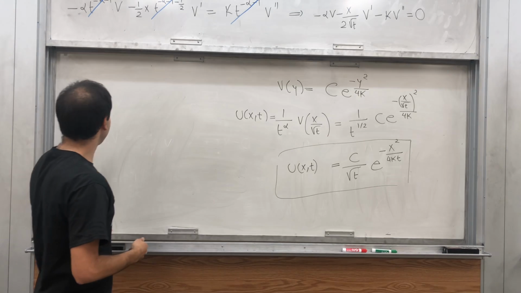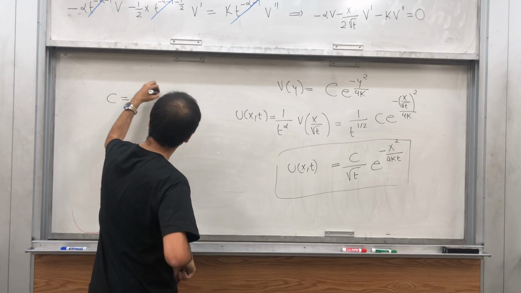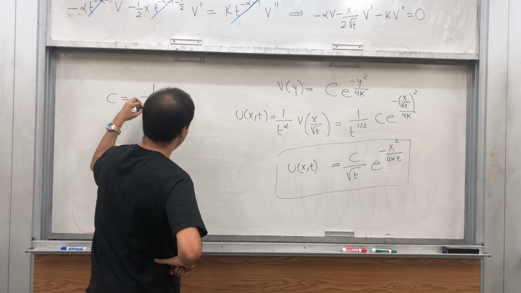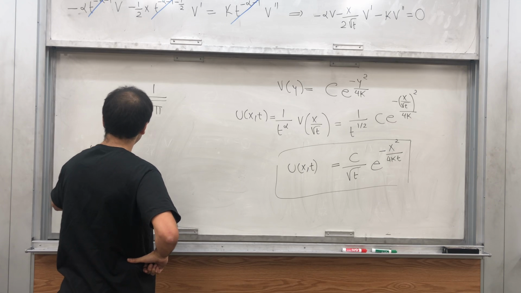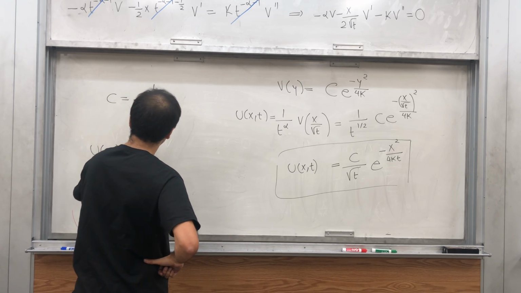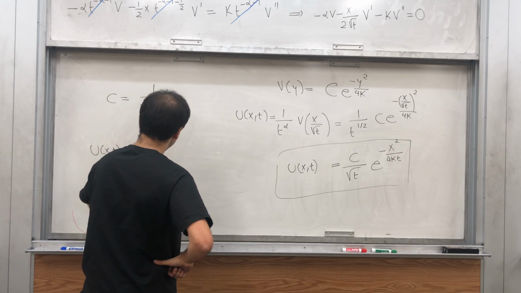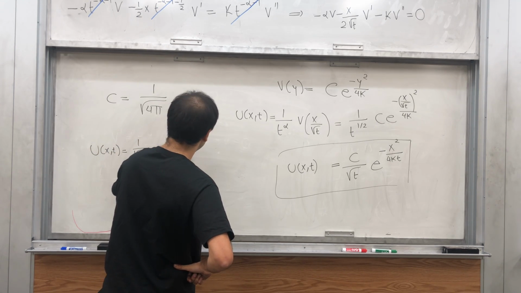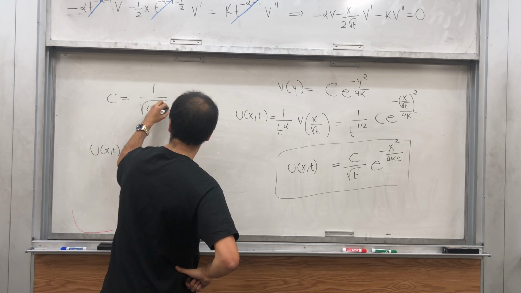I should have worn my Gaussian integral shirt, because if you choose c to be 1 over square root of 4 pi, then we get u of x,t equals 1 over square root of 4 pi k t, e to the minus x squared over 4kt.